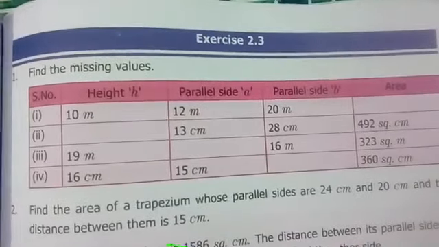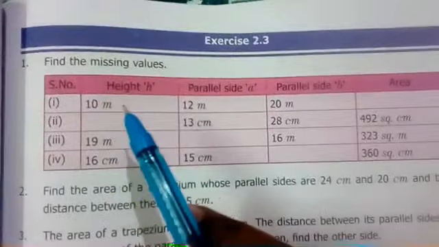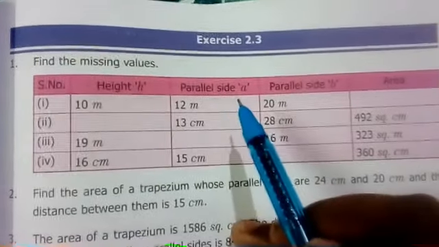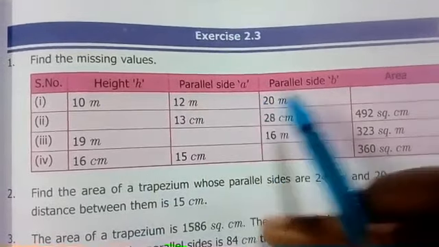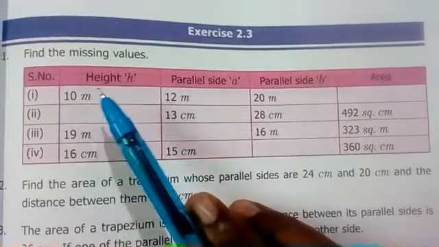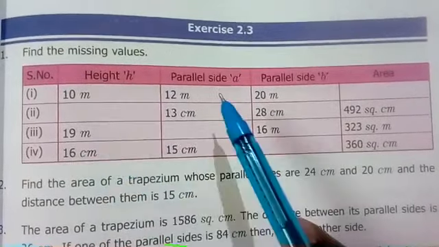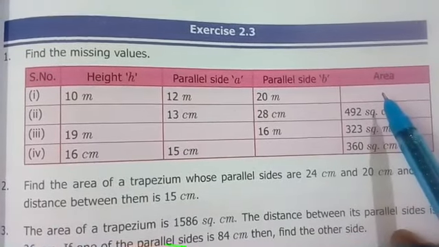Now, exercise 2.3, which is related to trapezium problems. In the first problem, the height is mentioned as H, the parallel sides are mentioned as A and B, and the area is to be found. We directly substitute in the formula.